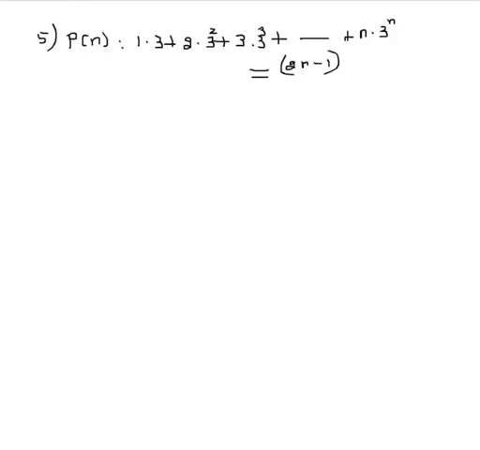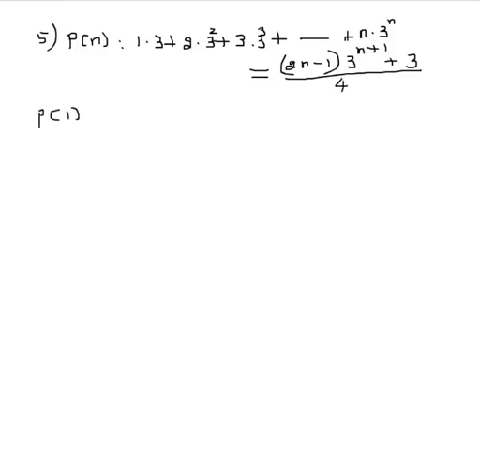Now question 5. P of n, the given statement is 1 into 3 plus 2 into 3 square, 3 into 3 cube, etc. n into 3 power n is equal to 2n minus 1 into 3 power n plus 1 plus 3 divided by 4.